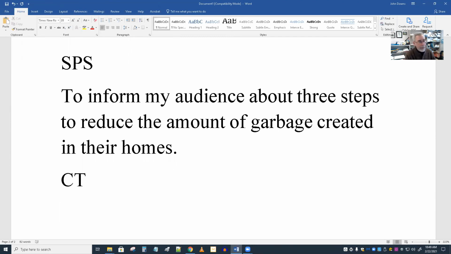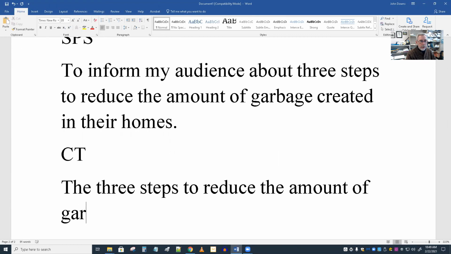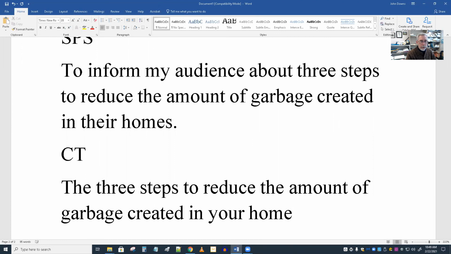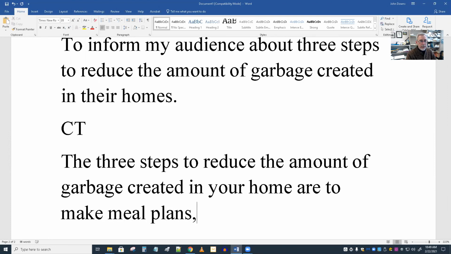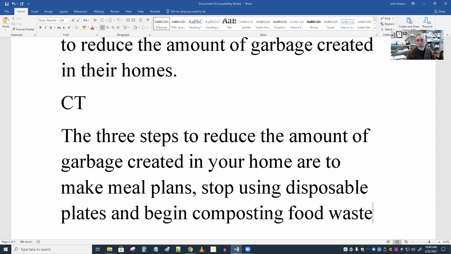I'm kind of somewhat off the top of my head, but we'll see. 3 steps to reduce the amount of garbage, using the same kind of language, created in your home, are: make meal plans, stop using disposable plates, and begin composting food waste. Maybe those are 3 okay ones, maybe not that great, but you got to get the idea.